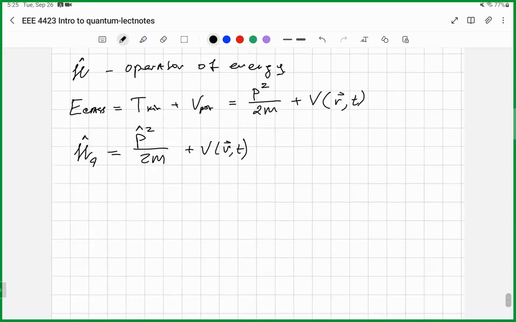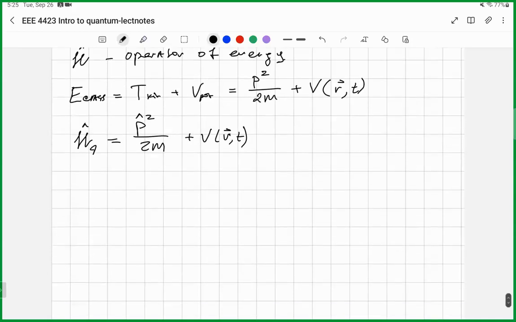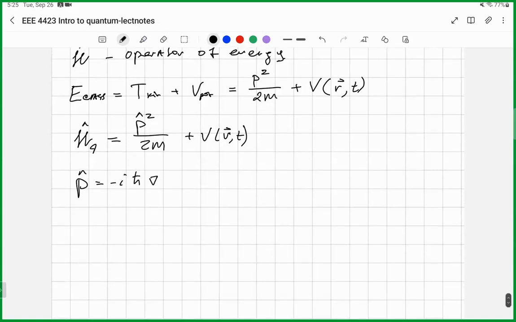As we defined two weeks ago, the operator of momentum is given by minus i h bar nabla.